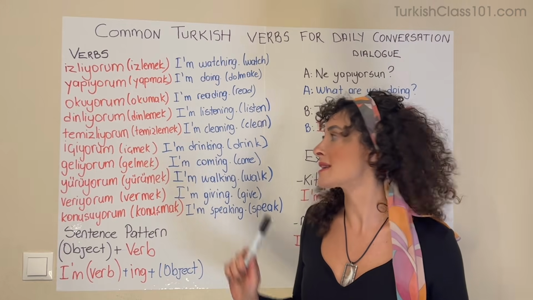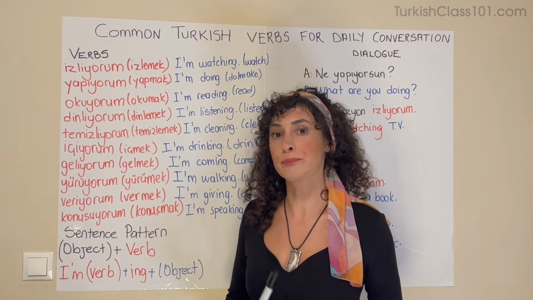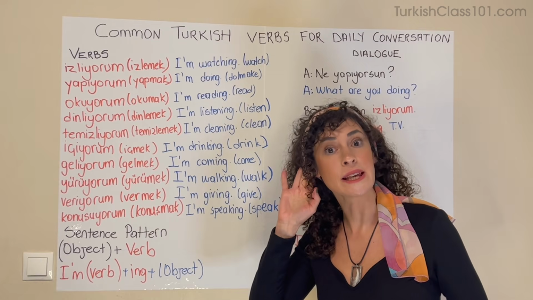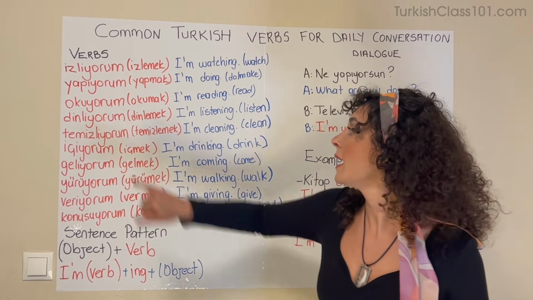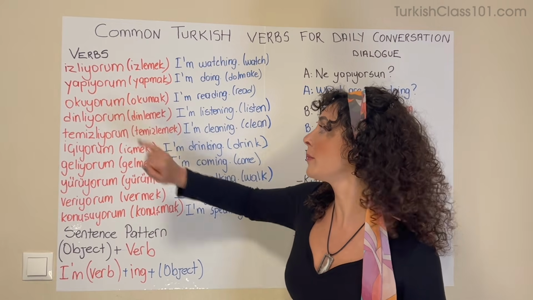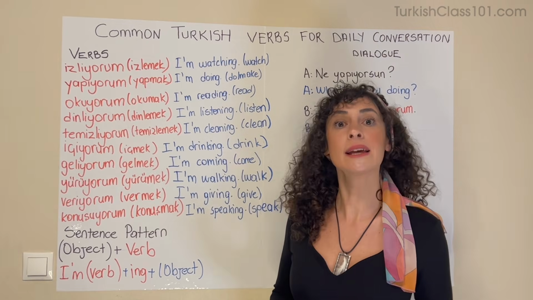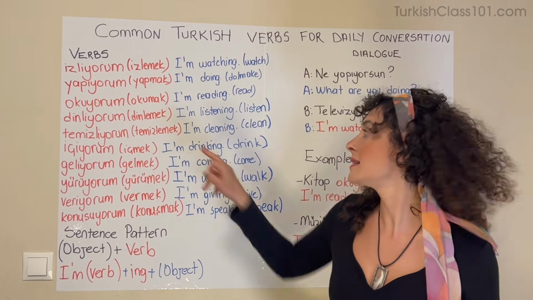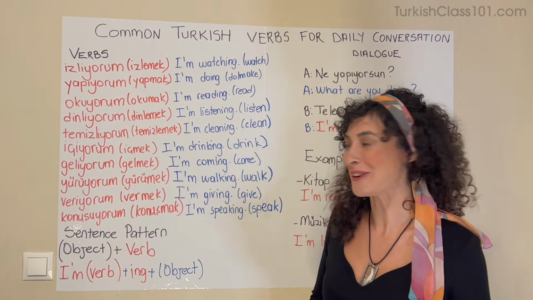Let's look at the other example. Dinliyorum. I'm listening. Again, we have mek at the end of the dictionary form. Dinlemek. Listen. Take it out. The mek, you have to take it out, okay?